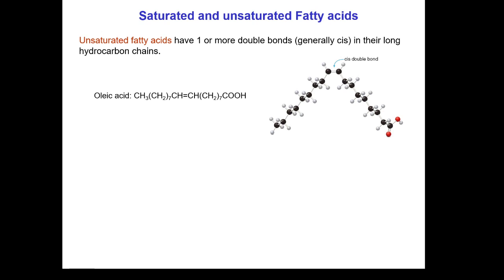So oleic acid is what you get in sunflower oil or olive oil. It's found in avocados, some nuts, some cheese. But this is the good fatty acid, if you want to say, that you find in olive oil.